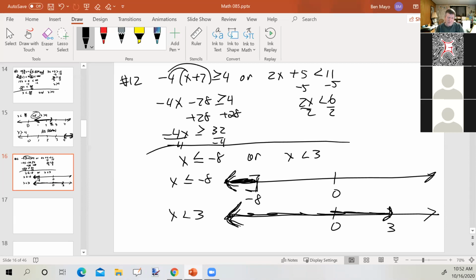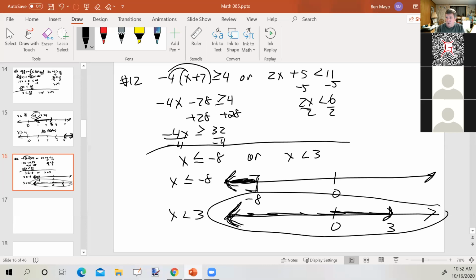So the top one is everything -8 and below. The bottom one is everything below 3. So what would the union be? Basically, it would be just like the bottom one, wouldn't it? Because it'd be everything below 3, which would include everything below and including -8. So that graph that I've circled would be the correct graph. And interval notation would be -infinity up to, but not including 3.